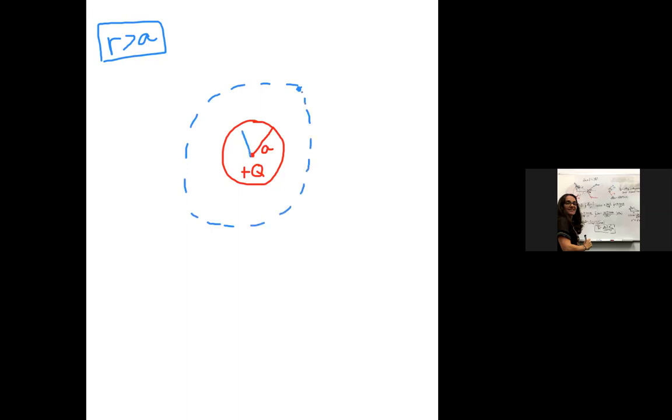And that is r. I want to know what is the electric field at r, at that point. So I'm going to place my Gaussian at that point. That's where I place my Gaussian. It's fictitious.